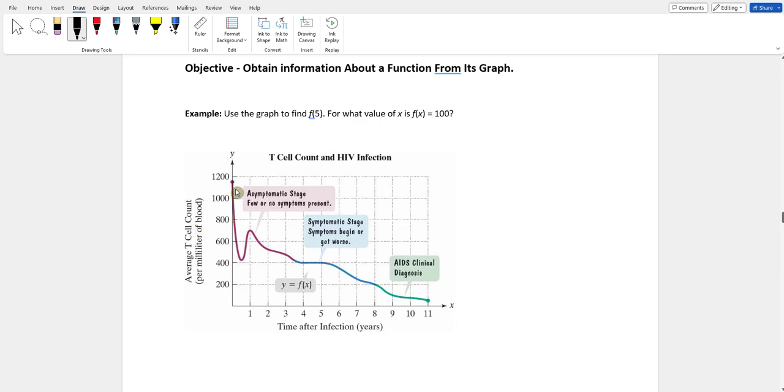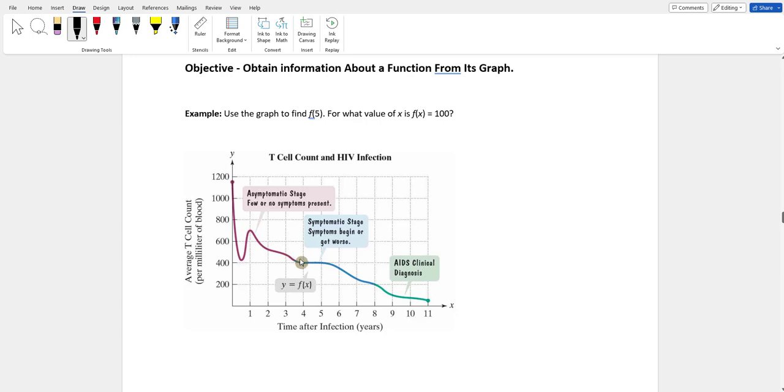So in this part, you're asymptomatic. If you look at this graph, the red part, for the first 3 years, you don't have any symptoms of HIV. After 3 years or so, you're going to start getting symptoms. You're in the symptomatic stage.